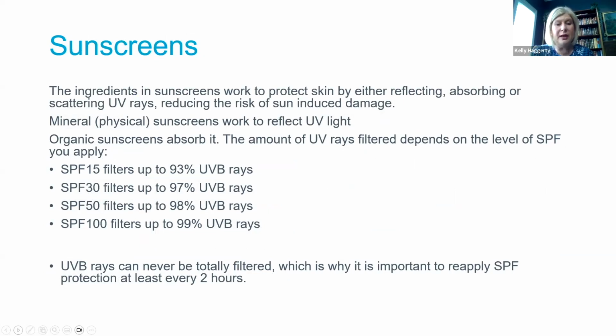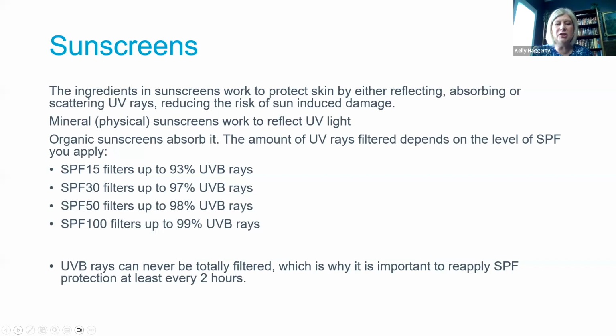UVA and UVB rays are the types of radiation that can cause sun damage, as I said. So wearing sunscreens is really important. The ingredients in our sunscreens work to protect skin by either reflecting, absorbing, or scattering UV rays, reducing the risk of sun-induced damage. Mineral or physical sunscreens work to reflect UV light. Organic sunscreens absorb it. The amount of UVB rays filtered will depend upon the level of SPF that you apply.